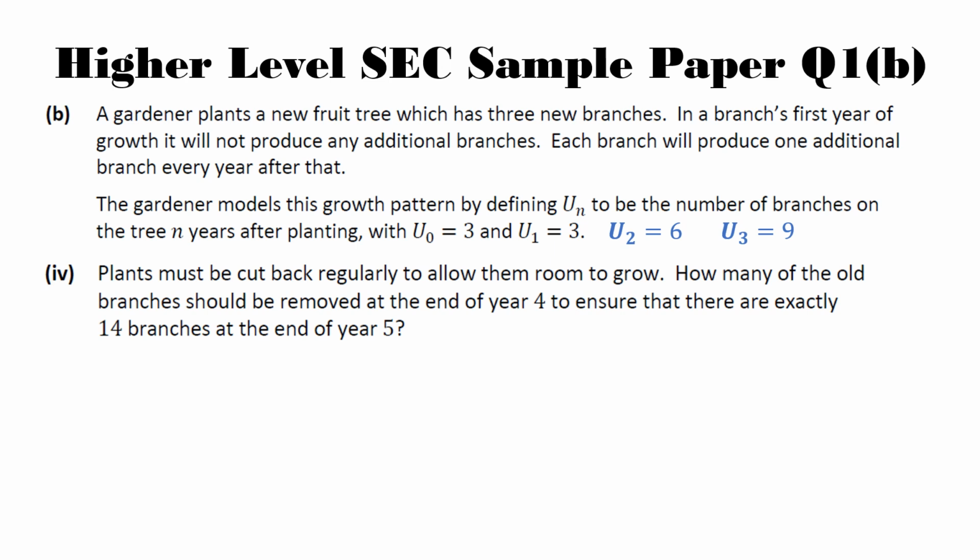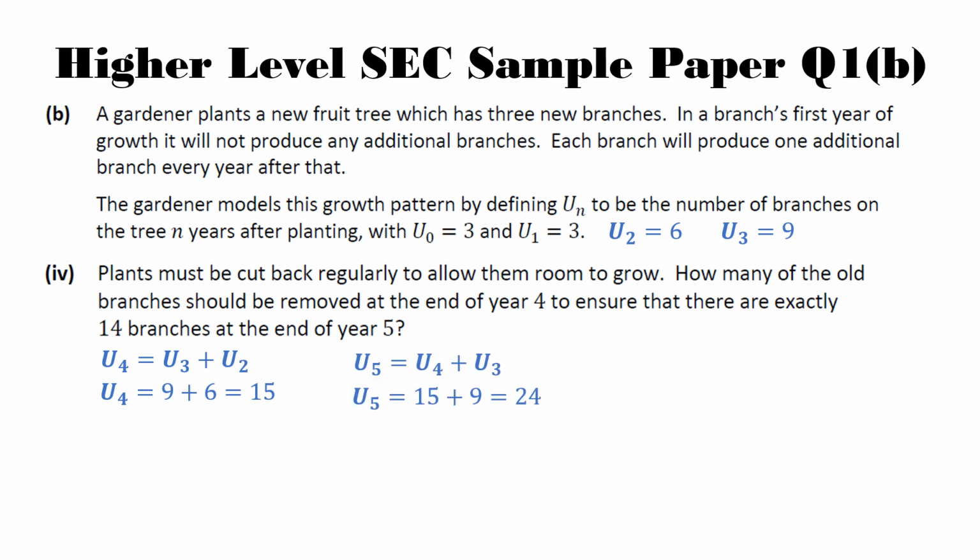Okay, so let's start this off in the most sensible way, which is to figure out, if nothing happened, what would our total number of branches be at the end of year 5? In order to do that, we need to first work out U4. So U4 is going to be U3 plus U2, which works out as 15. And then U5 is going to be U4 plus U3, which is 24.